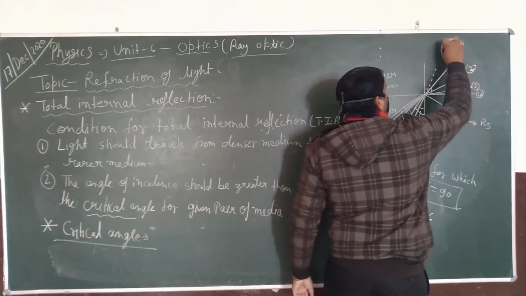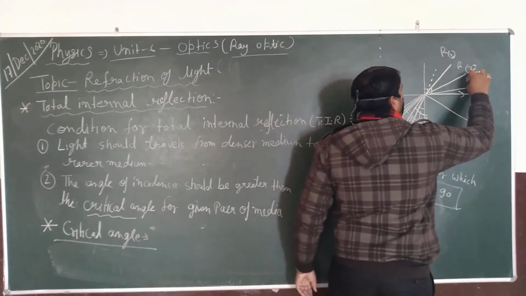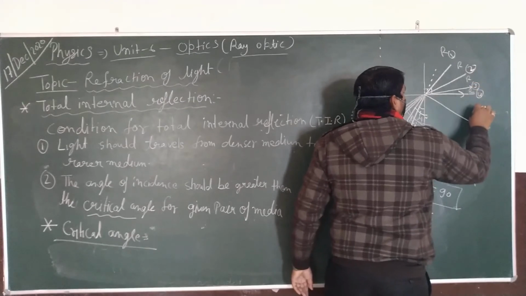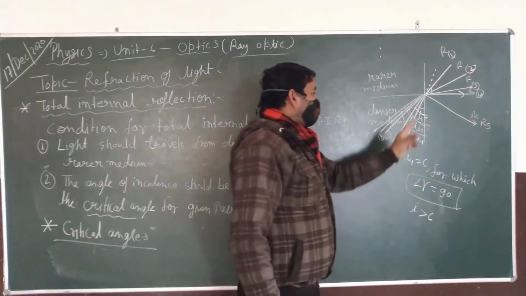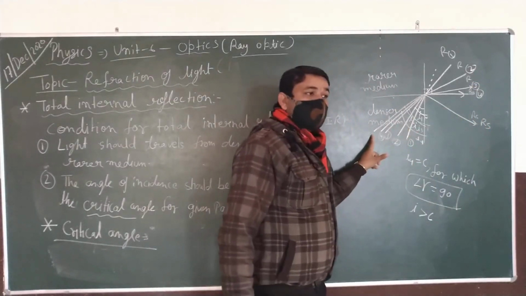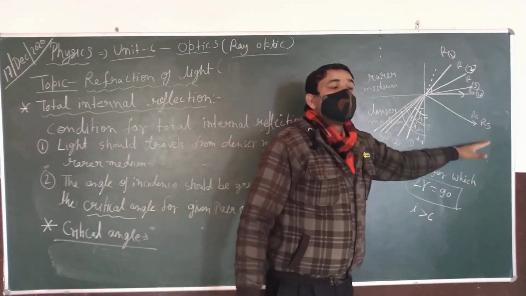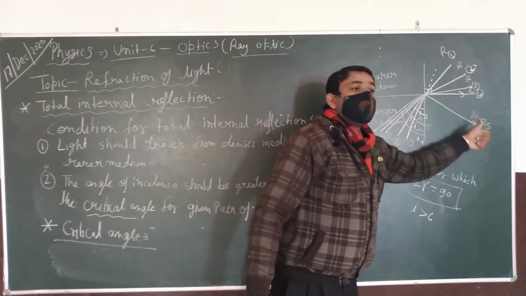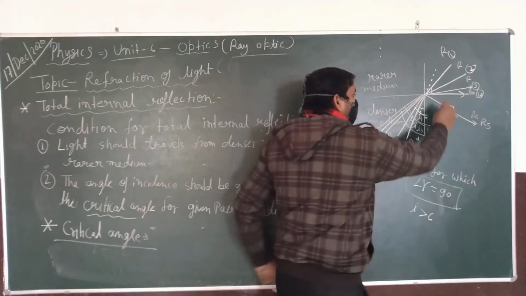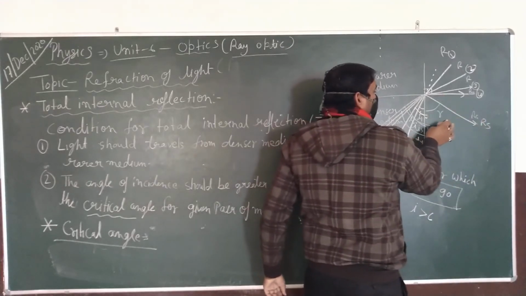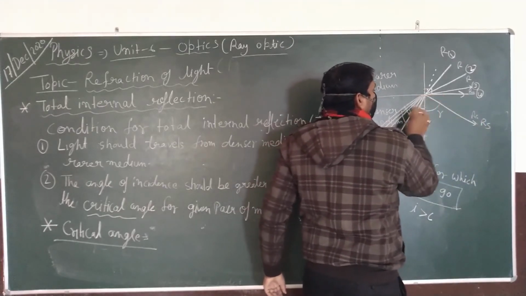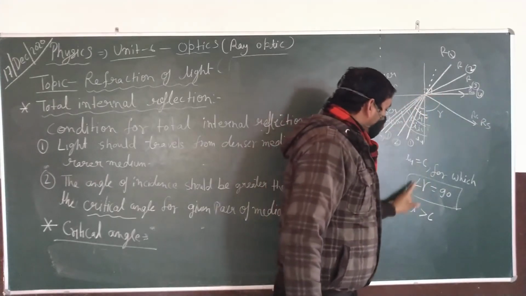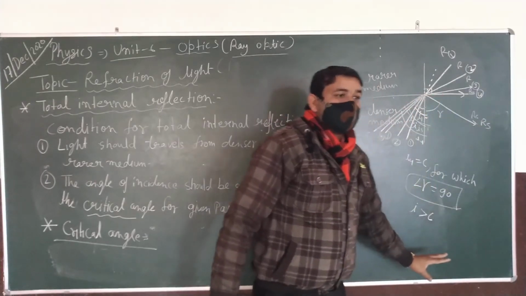This is R1, R2, R3, R4, and this is R5. It is observed that I5 follows the law of reflection, and the angle of reflection R is equal to the angle of incidence I, which is greater than the critical angle.